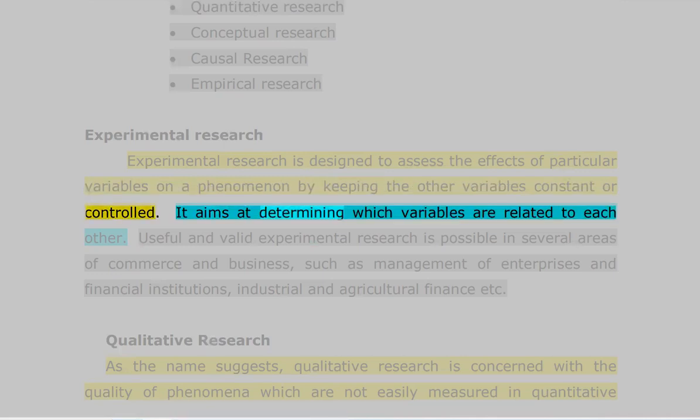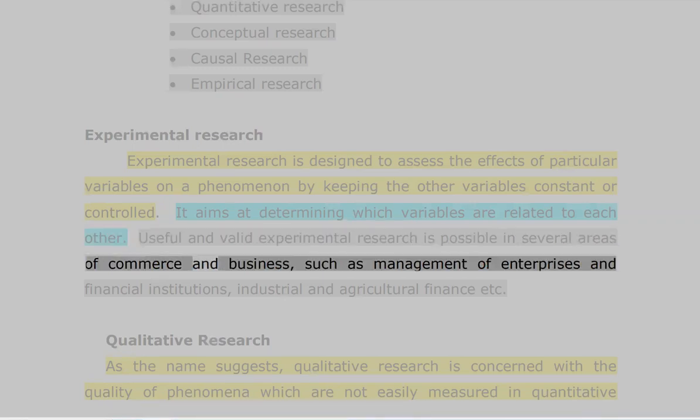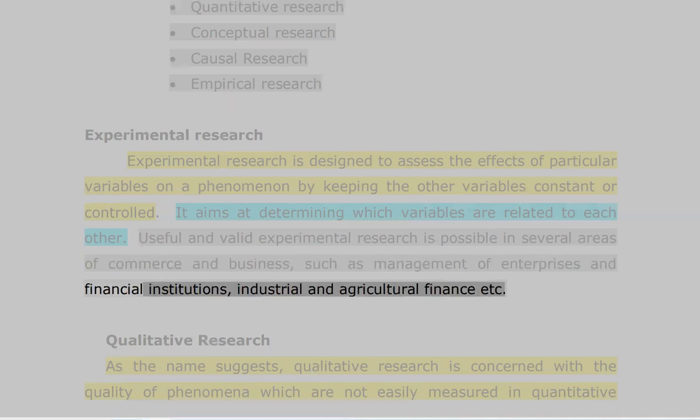It aims at determining which variables are related to each other. Useful and valid experimental research is possible in several areas of commerce and business, such as management of enterprises and financial institutions, industrial and agricultural finance, etc.